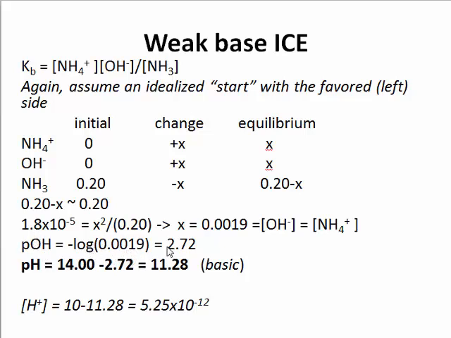Negative log of 0.0019 is 2.72. pH of 14.00 minus 2.72 is 11.28, indicating a basic solution. Note that if you want an H plus concentration, you can always take the inverse log, or 10 to the negative 11.28, and arrive at 5.25 times 10 to the negative 12.